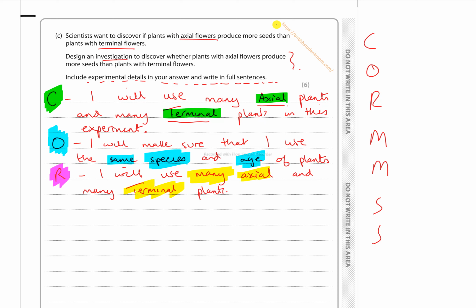Right, now this is how you finish it off. Just bear this in mind. I will use many terminal plants. Remove any anomalies. Someone asked me what's an anomaly. It's away from the other data.